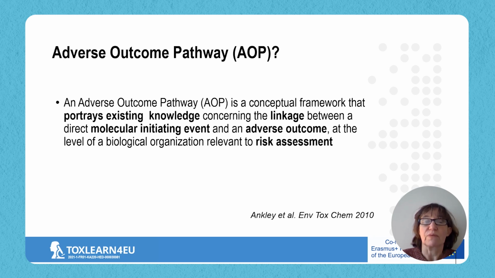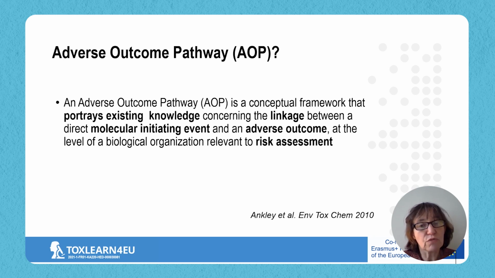So that's a mouthful to say, but important to remember is that an adverse outcome pathway tries to make a linkage to what happens at a lower level of biological complexity, subcellular, molecular level, to what is an adverse outcome for risk assessment.